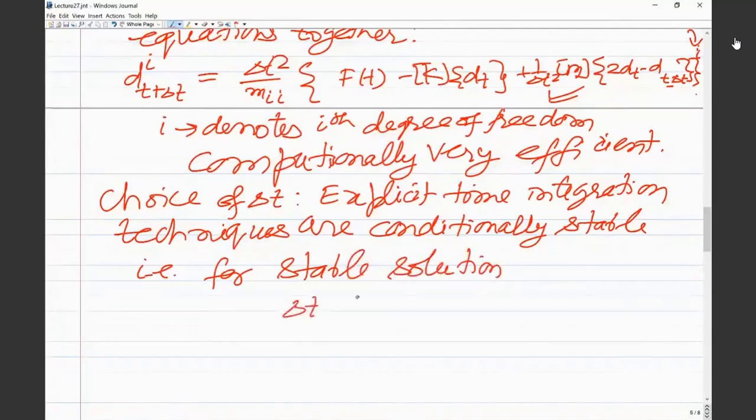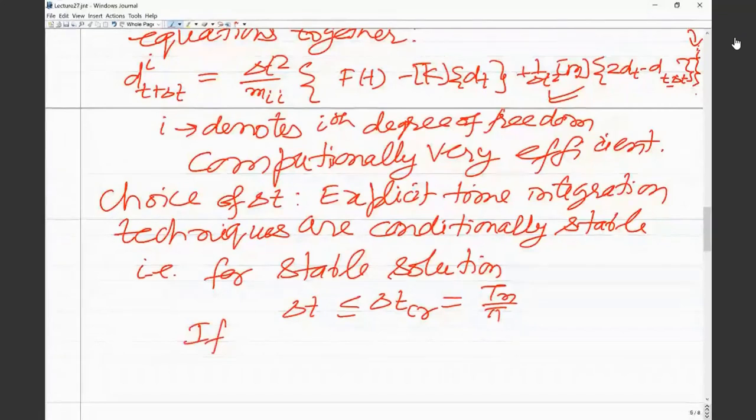delta t has to be less than a certain critical value, delta t critical, and usually this delta t critical is taken as Tn upon pi. So delta t has to be smaller than a certain critical value.